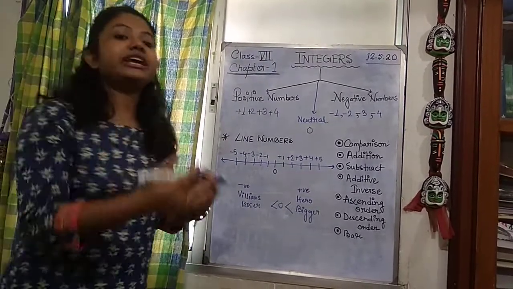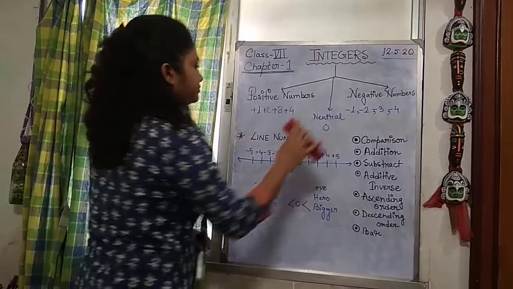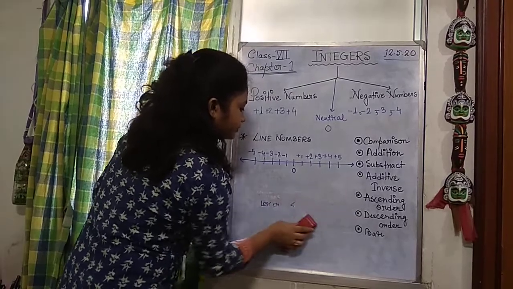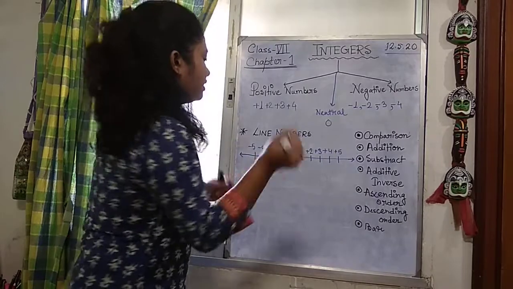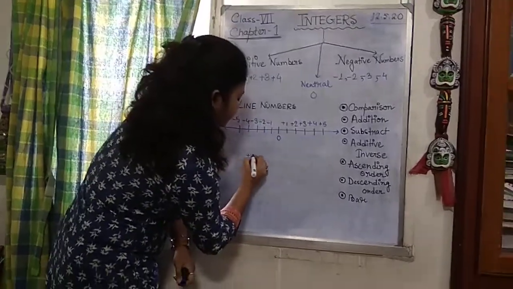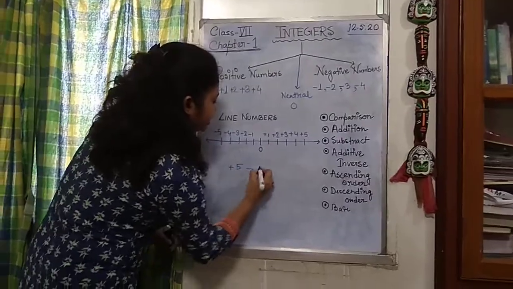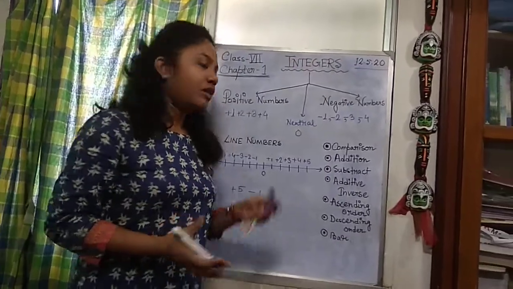If we take some examples, let's say I write +5 and -1. How do we understand who is bigger?